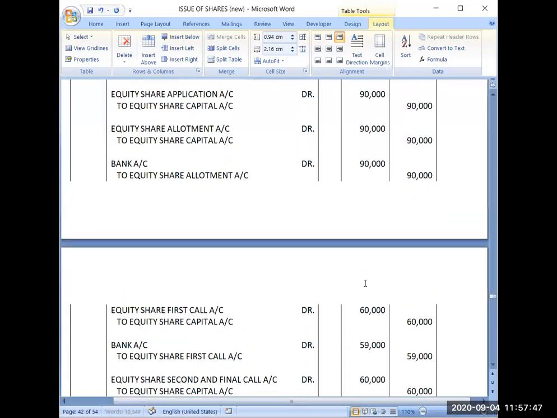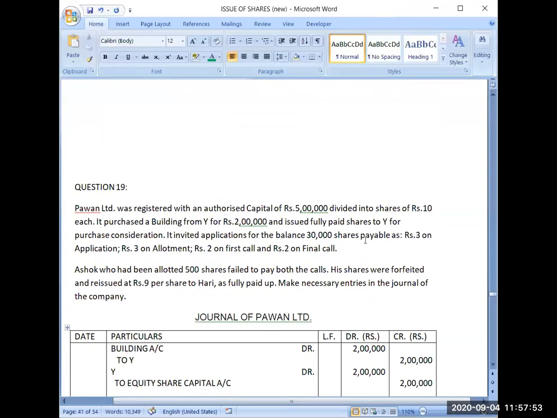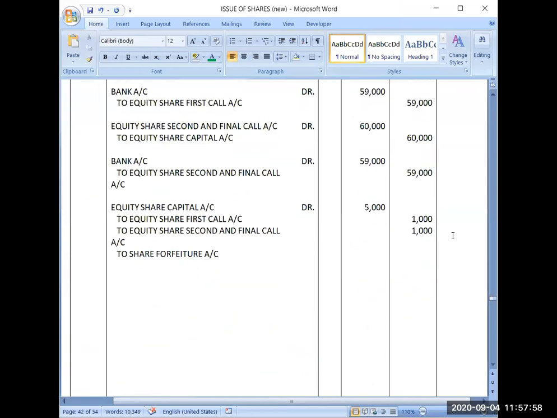Now, what have they paid me? They have paid me application and allotment. So I can simply calculate 3 plus 3, 6 rupees they have paid me. So 6 rupees multiplied by 500, it will be 3,000. You will always do it in the same manner as I am telling. Never subtract 2,000 from 5,000. Is it clear?